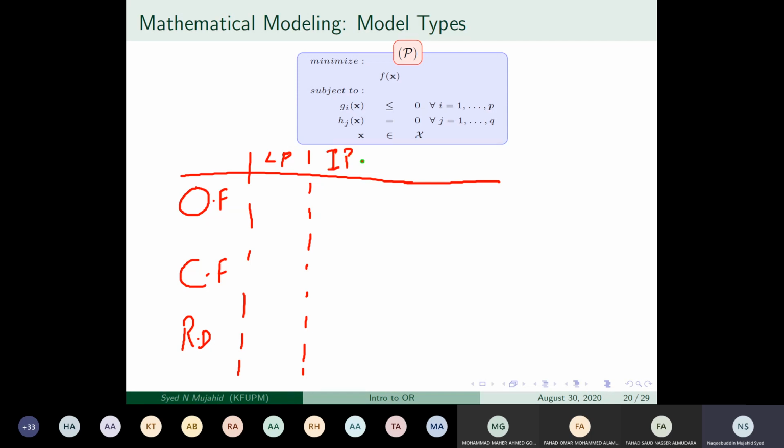And when we say integer programming, roughly, by default, it means it is linear integer. Okay, always remember this. And then we have nonlinear programming. And then we had integer nonlinear programming.